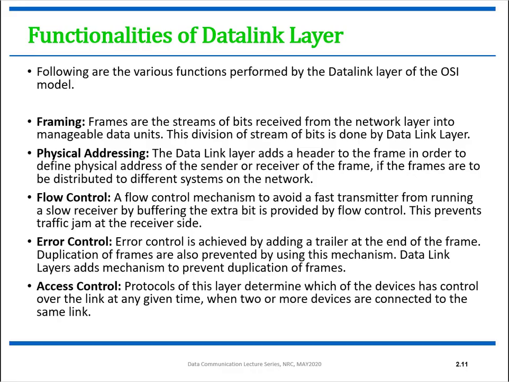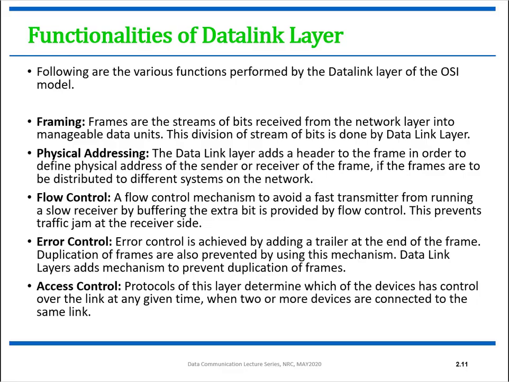But the data link layer makes sure that the speed between the sender and the receiver is in balance, so that they can prevent traffic jams, because more traffic can be generated if the speed is not synchronized. So by flow control, the data link layer makes sure that the sender and receiver speed can be in a similar position so that data can be transferred smoothly.